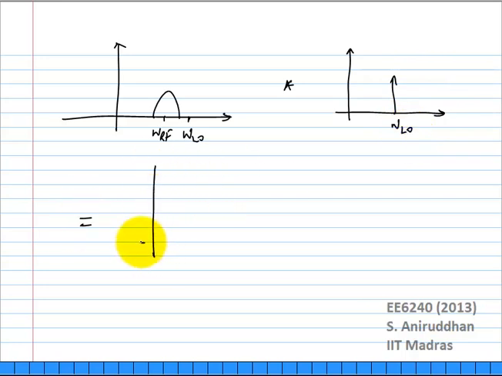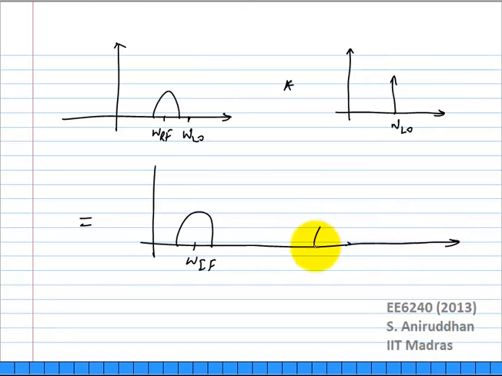I'll just show the positive side, that makes it easier for me. So I'm going to show you the omega IF. Okay, so maybe I'll get omega RF plus omega LO. This may even be much smaller if I have enough filtering and so on. You don't have to worry about that.